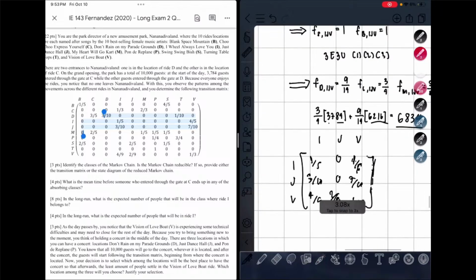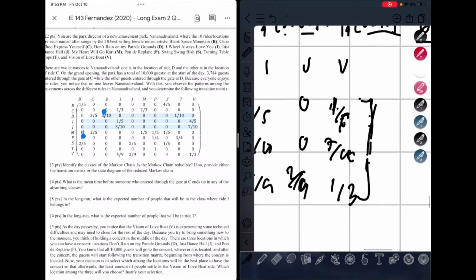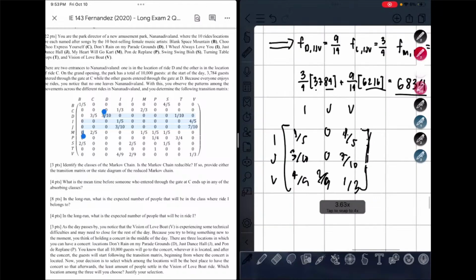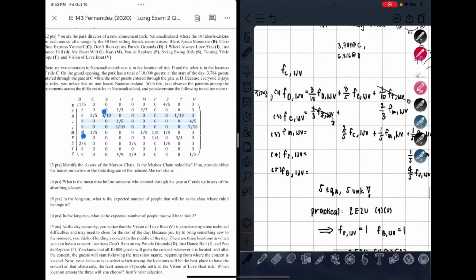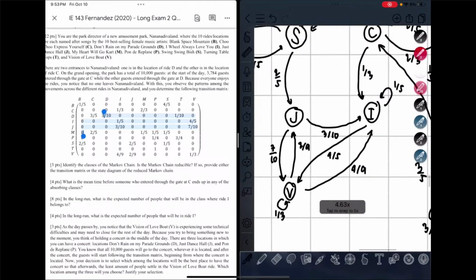Okay, adds up. Let me fix my pen. Okay, so this is the transition matrix. And this is basically consistent with what we have here. This is the part.